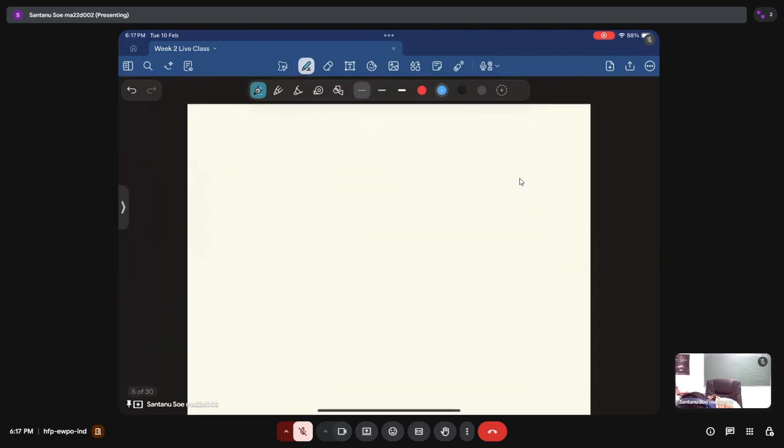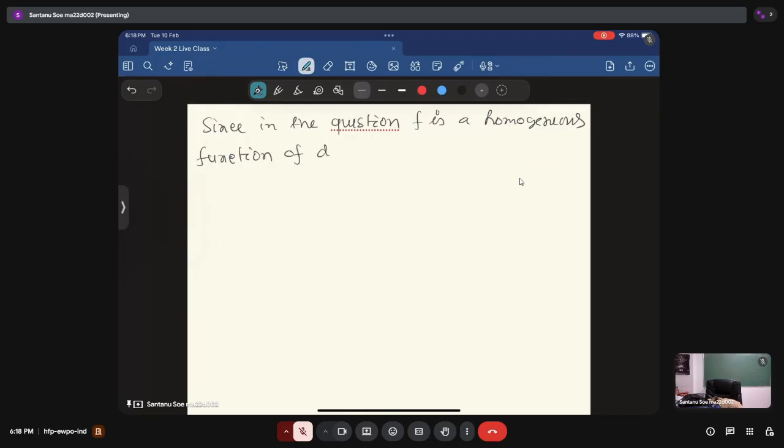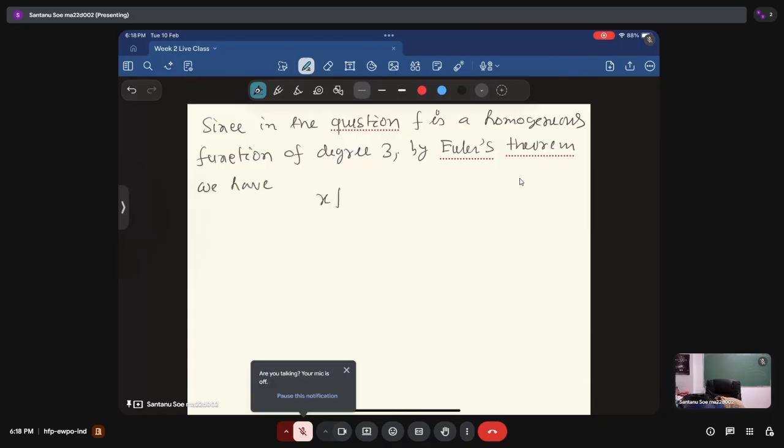Now since in the question f is a homogeneous function of degree 3, by Euler's theorem, we have x f_x plus y f_y equals nf.